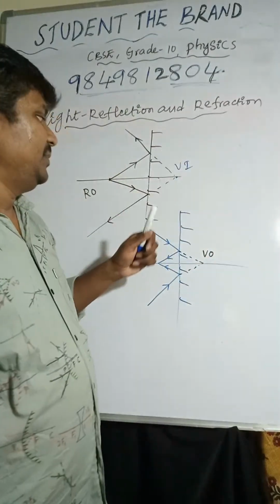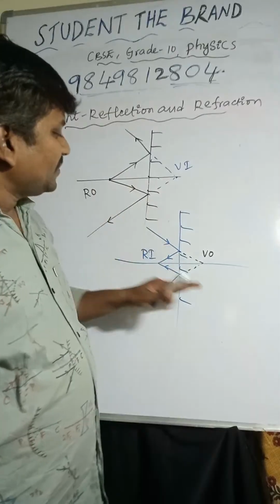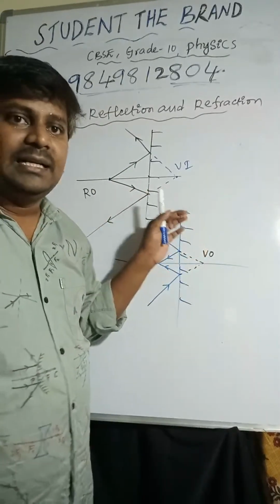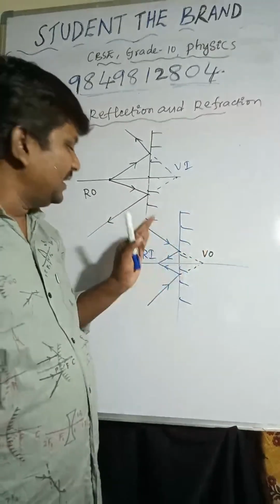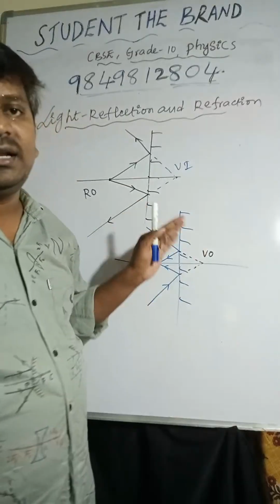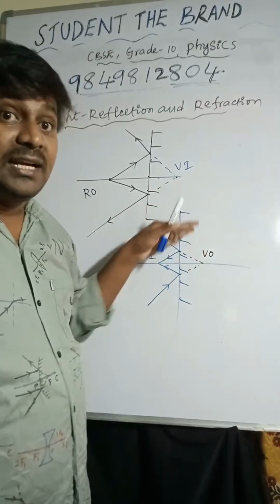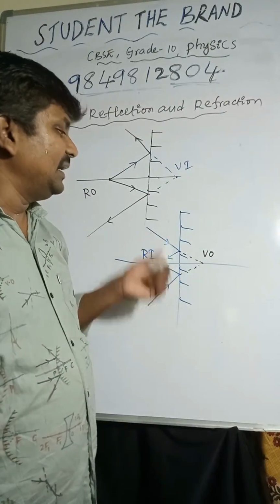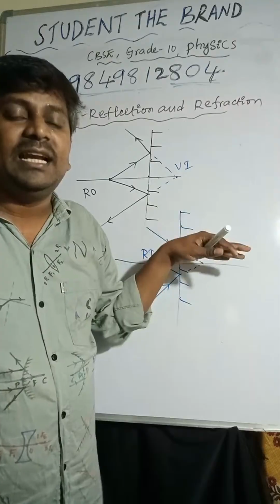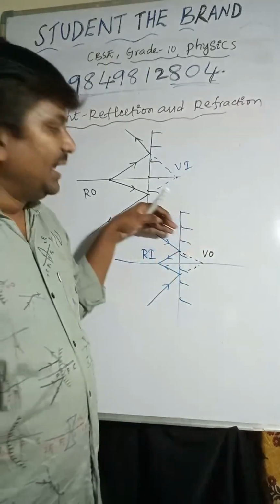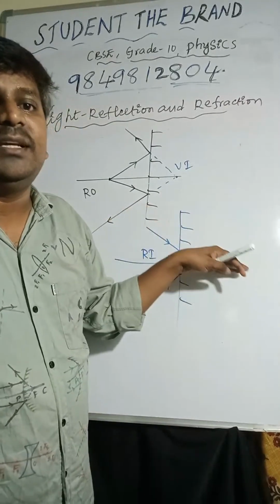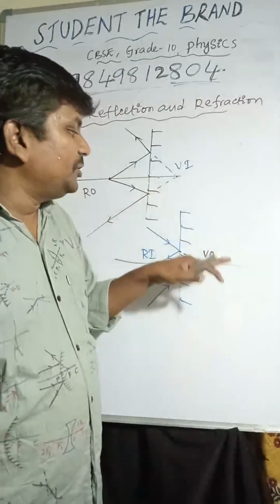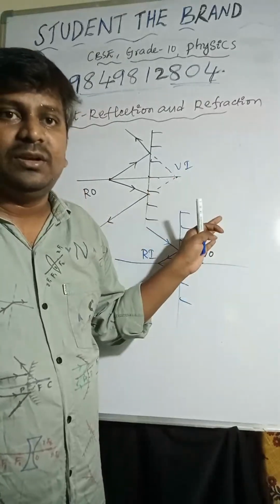Then here you can observe directly reflected light rays are meeting. That image is called a real image. Here we are extending the incident light rays. Extended incident light rays are meeting at one point. That is a virtual object.